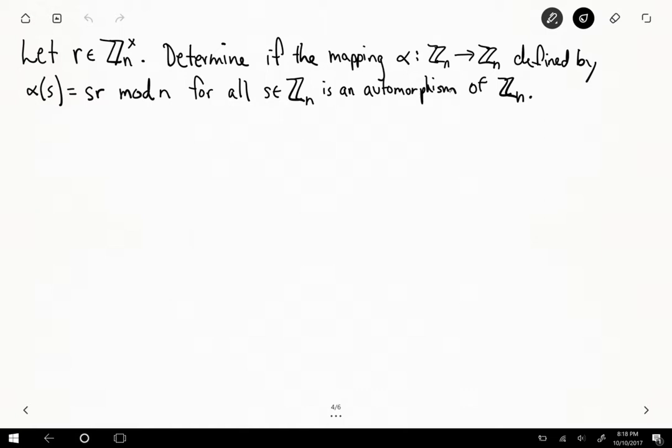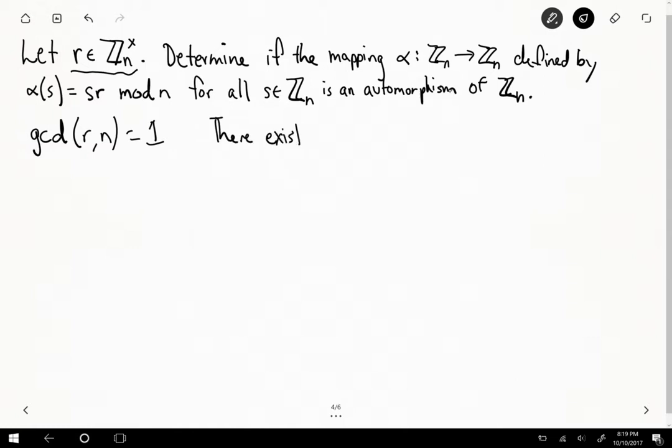Okay, keeping that in mind, how do we approach this? Well, there's going to be one little tidbit. If this R is in Zn, what actually occurs? Well, that means that the GCD of R and n has to equal 1. And what does that mean? Well, that means there exist x and y in the integers such that Rx plus ny equals 1.